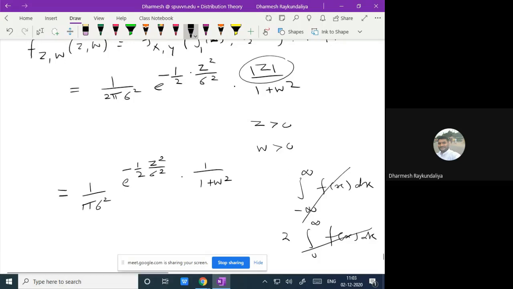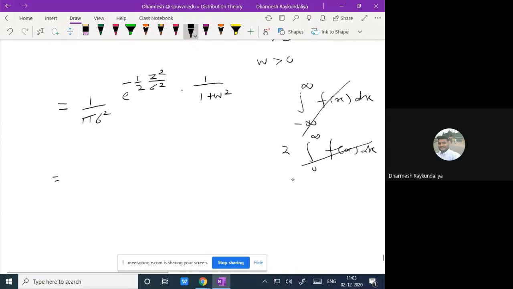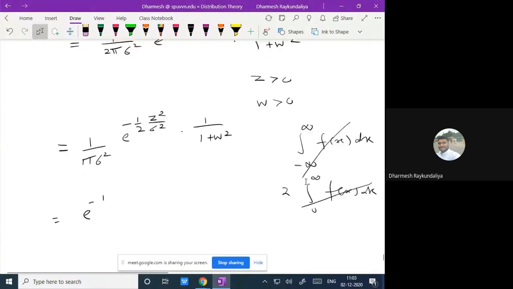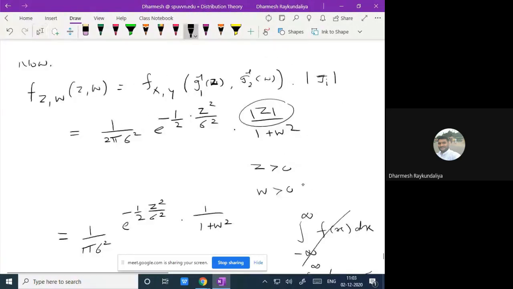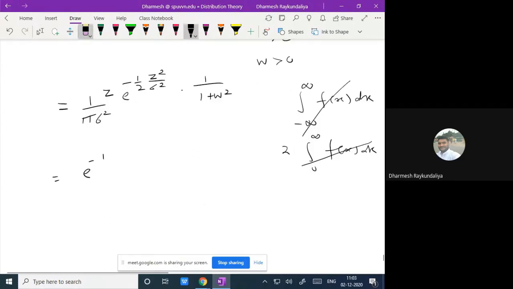So we can write it in this form, e raised to minus half z square by sigma square. The z is there because I am taking twice of this, so it is z into 1 upon sigma square e raised to minus half z square by sigma square.